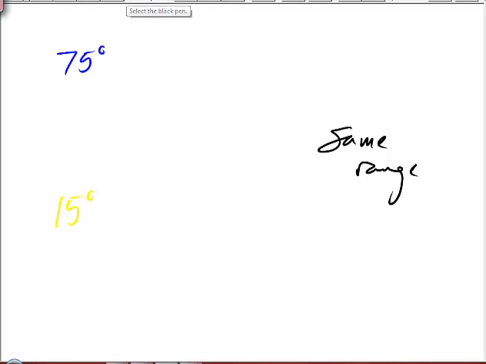But let's do some comparison. 75 degrees versus 15 degrees. They're going to have the same range. That's the only thing they're going to share in common. Everything else is going to be different. There's going to be a tiny flight time for 15 degrees, because it's not going as high.